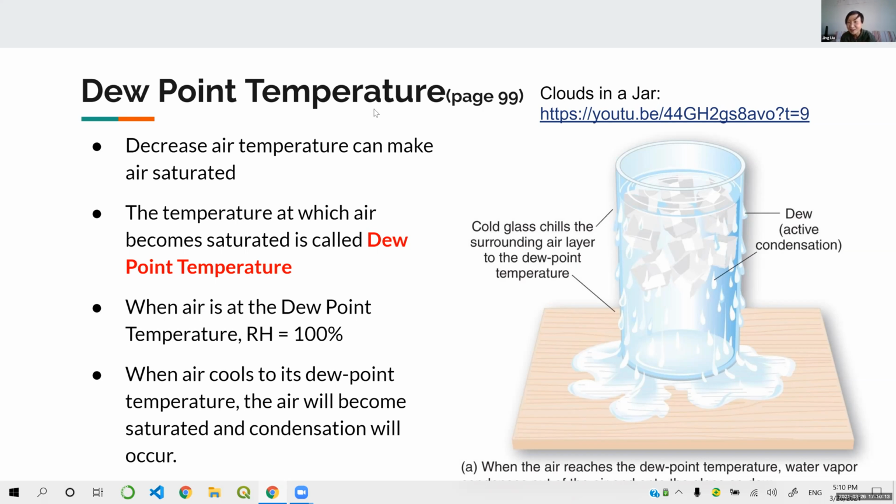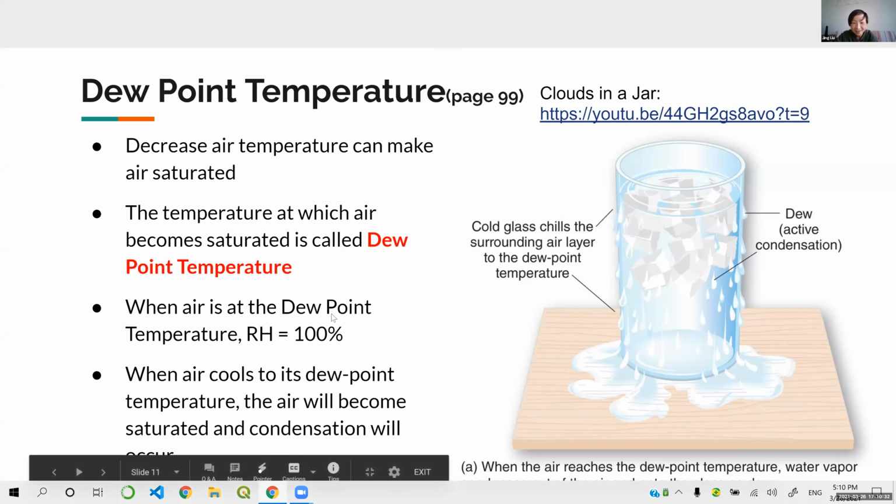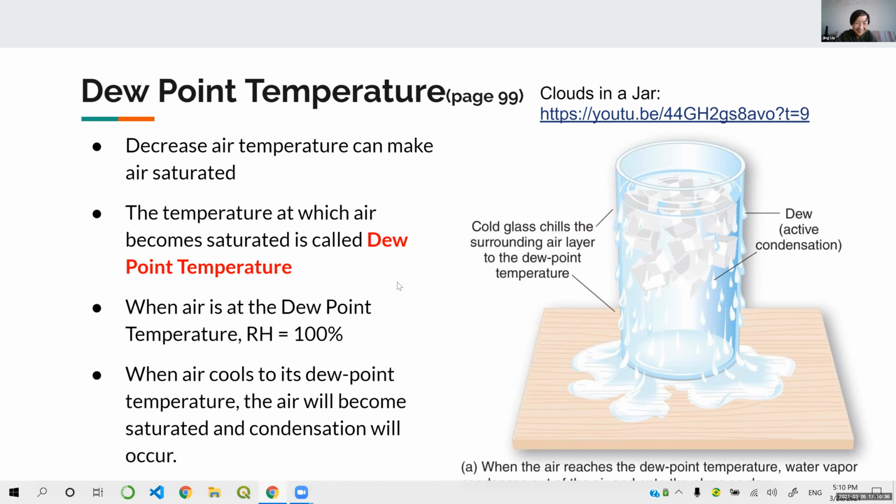That is your Coke can: you grab it from the fridge, and you see water condense around the can. That is the moisture in the air. When it touches the Coke can, the air becomes cooled and saturated. That temperature is the dew point. So when the air is at dew point temperature, RH is 100%.